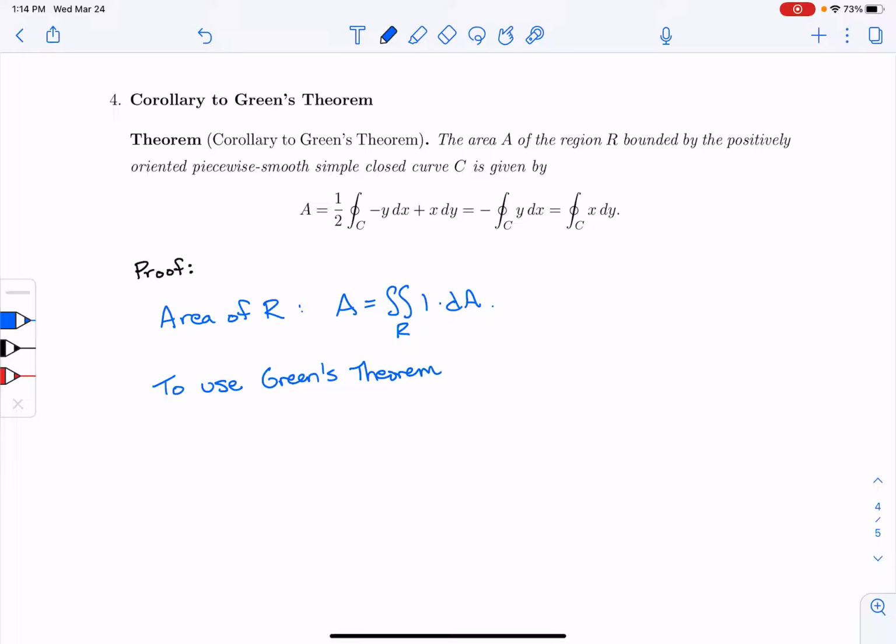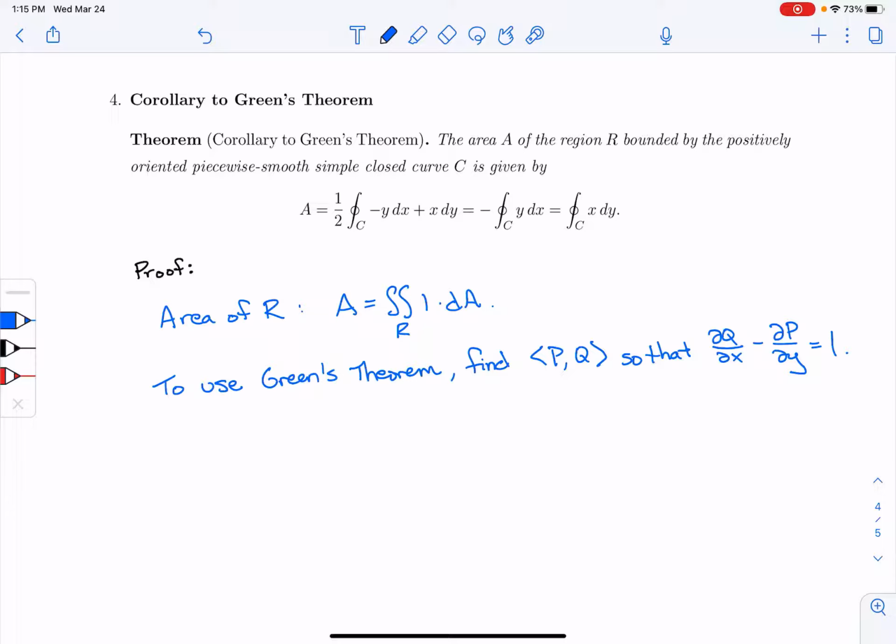So to use Green's theorem, we need to find a vector field P, Q so that dQ/dx minus dP/dy is equal to 1.